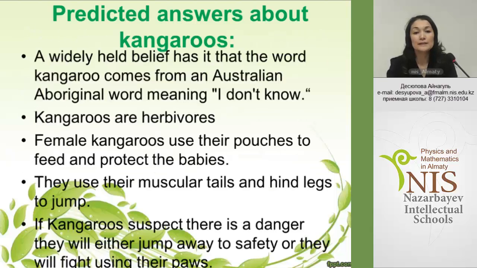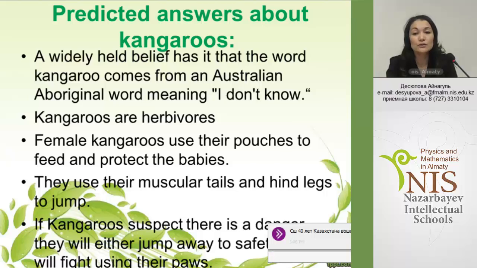So here you may see predicted answers about kangaroos. So let's have a look at these answers. So a widely held belief has it that the word kangaroo comes from the Australian Aboriginal word meaning I don't know. Kangaroos are herbivores.